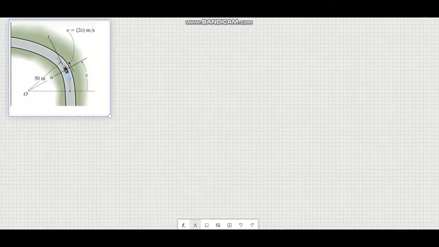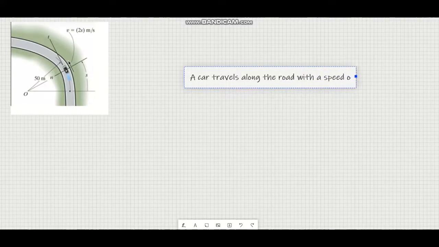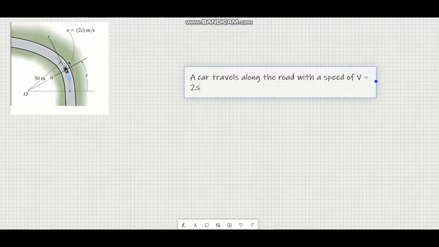For the second example, let's write the question again. A car travels along the road with a speed of v equal to 2s, where s is the path.